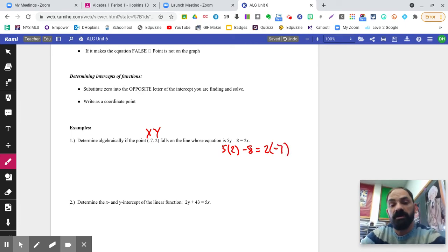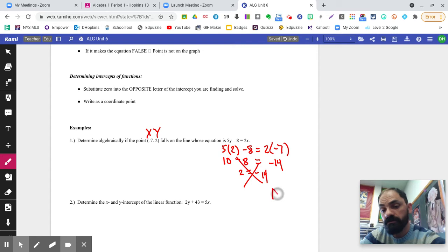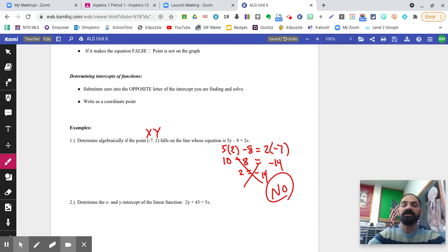All right, so let's see if we're correct. 10 minus 8, does that equal -14? Does 2 equal -14? No. So that point is not on the line.